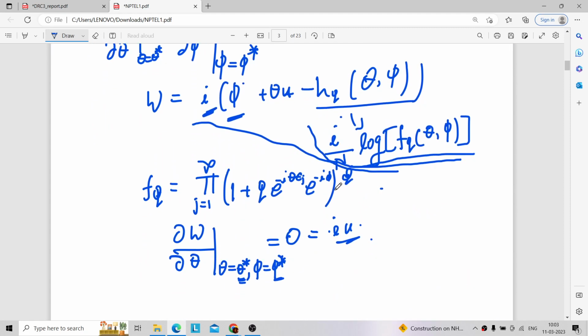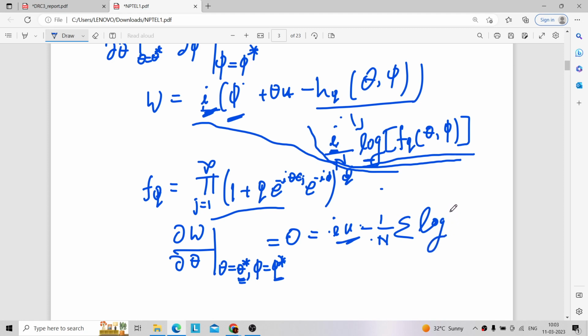So I have 2 i's here, 1 and 2. So this is minus I over n, then the logarithm of this product, then I can write it as a summation of logarithm.